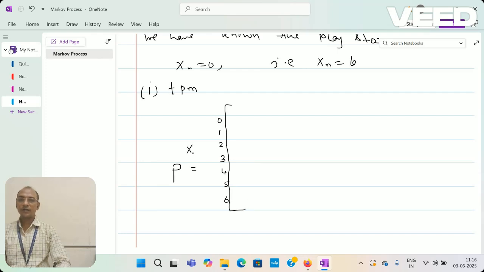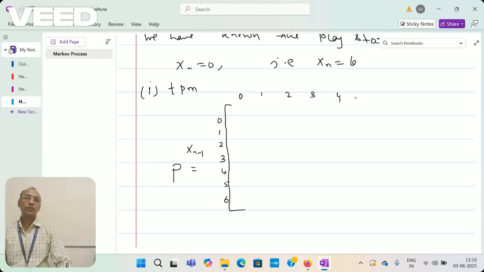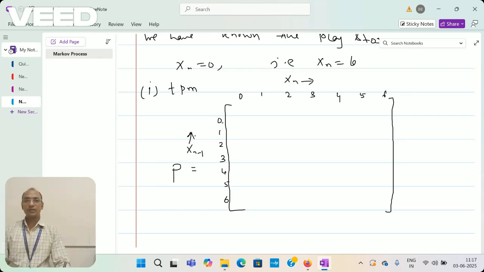This is Xn minus 1, and my future states are 0, 1, 2, 3, 4, 5 and 6. So I will denote the present state as Xn minus 1 and the future state as Xn.